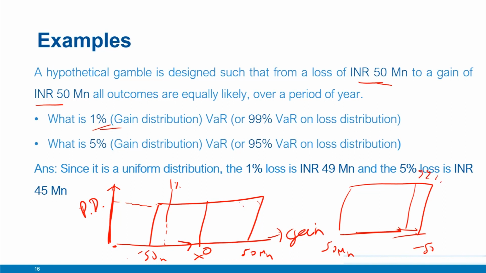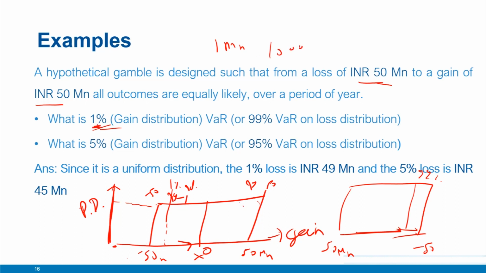To simplify things, on either of these graphs, you can think of 100 pieces of 1 million intervals, where for example this is minus 50 to minus 49, and minus 49 to minus 48, and so on, up to 49 to 50. So you can think of 100 such intervals of 1 million each, or INR 1 million rupees each.